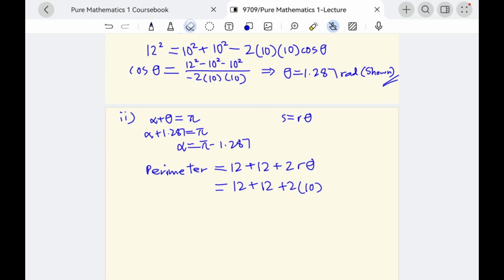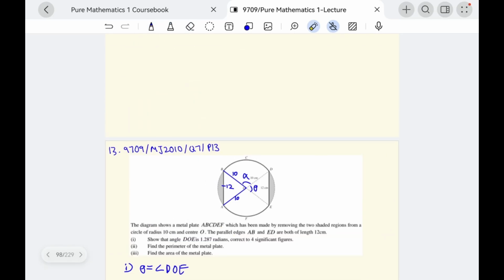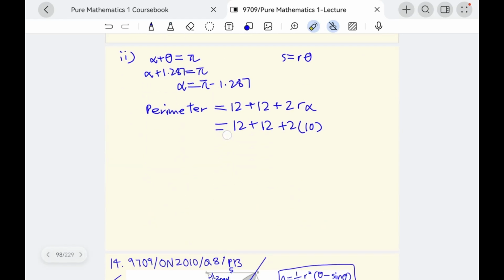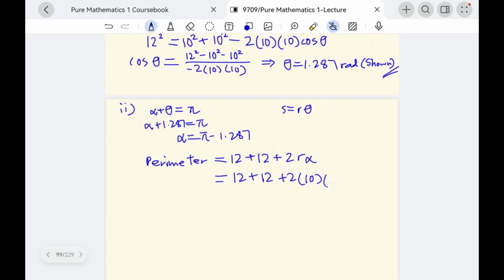And it is not theta, it is alpha, because you want the arc length with respect to the angle alpha here. Plug in the value of alpha and you should get the perimeter numerically.